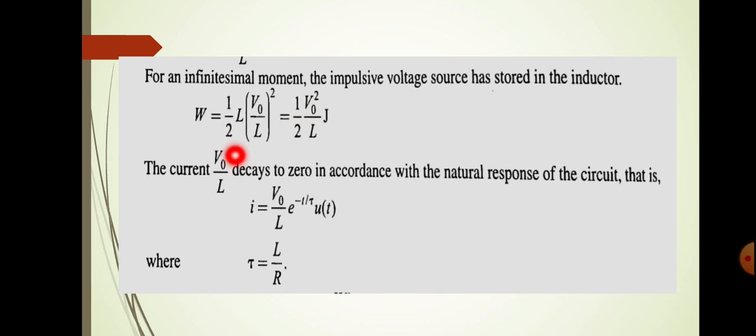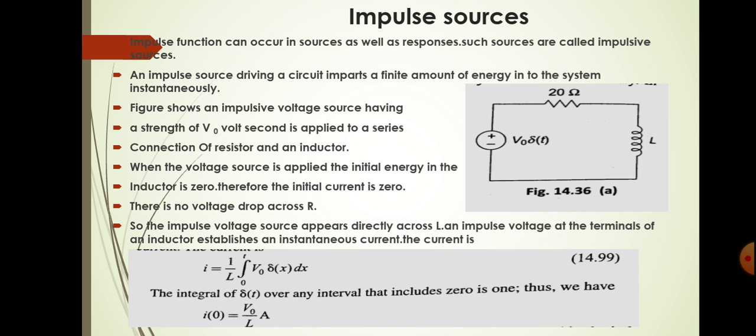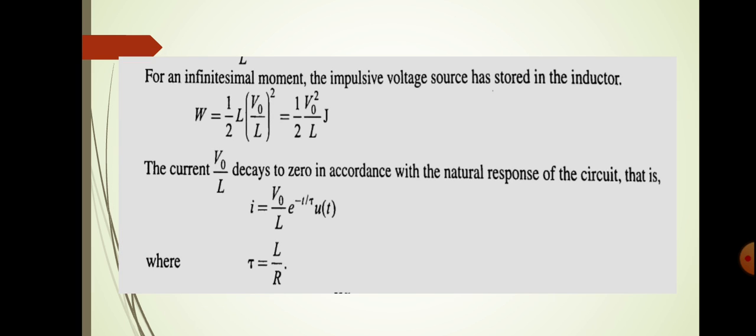That means the current V0 by L decays to 0 in accordance with the natural response of the circuit. In the case of an RL series circuit, the natural response has the general form V0 by L into e raised to minus t by tau. This is the natural response of a series RL circuit.